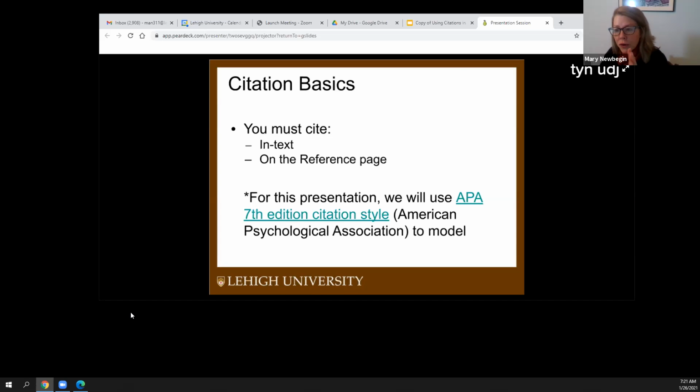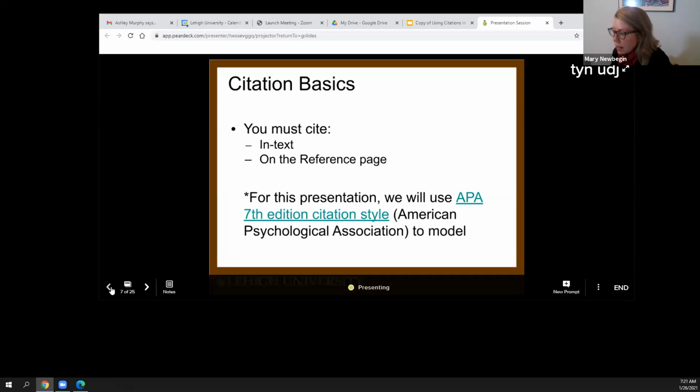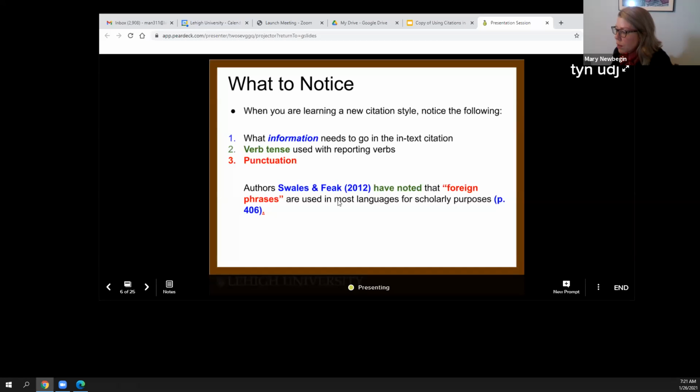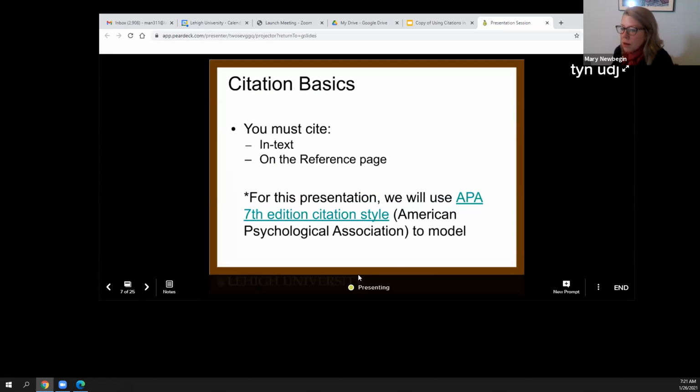It's called different things with different citation styles, but that's where you list all of your sources. When I'm referring to in-text, I'm just referring to this part that goes in the text, if you can see where my cursor is. Okay, so that's in-text. And in a moment, we're going to show you a reference page.